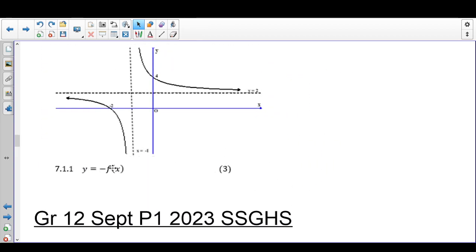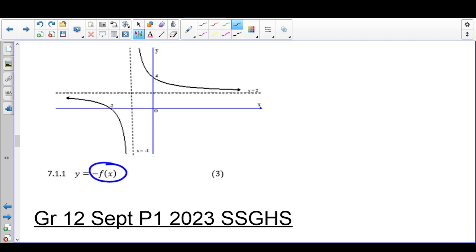So if we're looking at y is equal to negative f of x. People, what is that? If you put negative in front of the y, what's actually happening there? So this is reflected in the what? X-axis. Reflected in the x-axis.